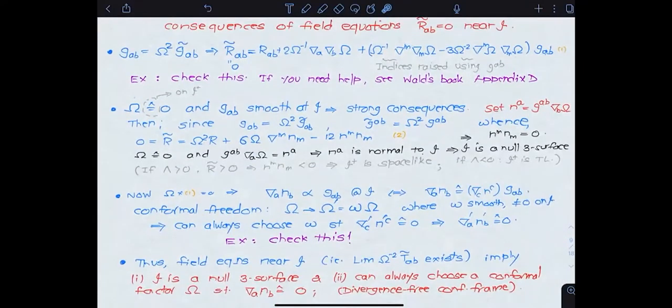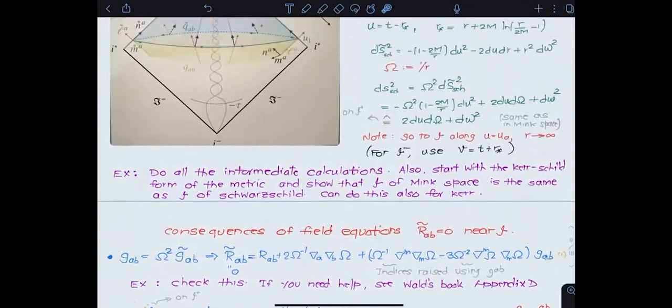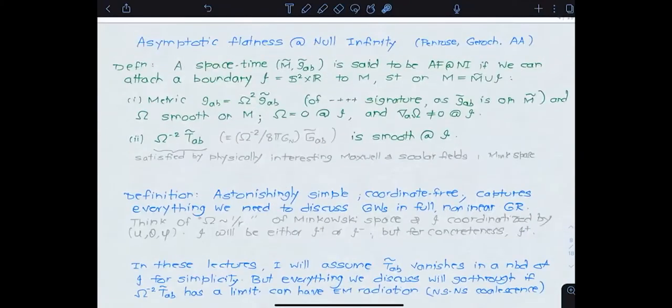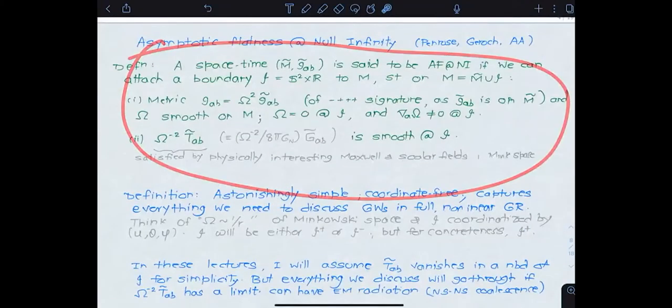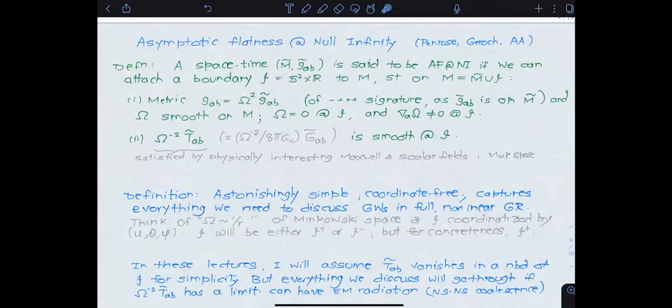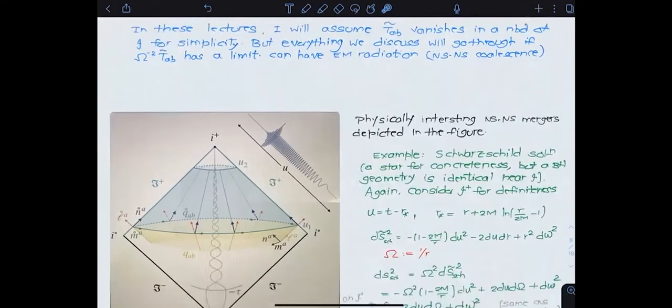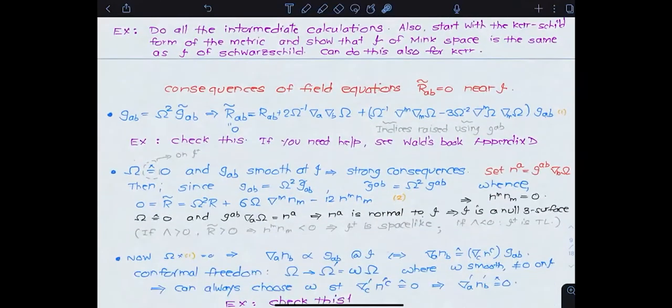Now, this is a definition which looks so simple, so how is the whole thing that I'm talking about coming out of it? Because so far we don't even know that scri, which is defined by omega equal to 0, is a null surface and various other things. So how are they going to come about? Well, they all come about because of the field equations.